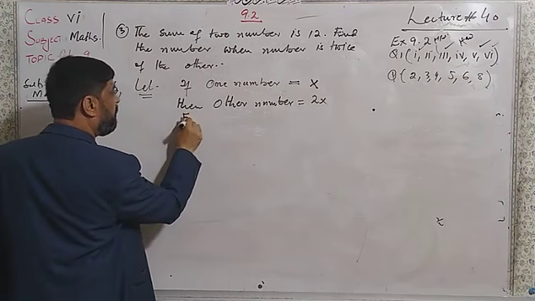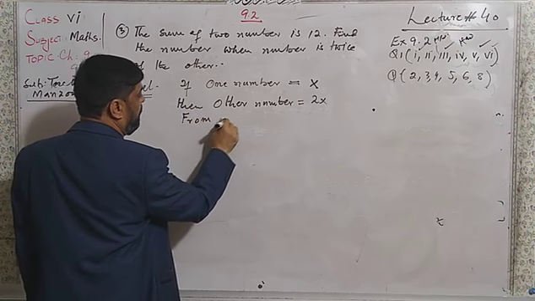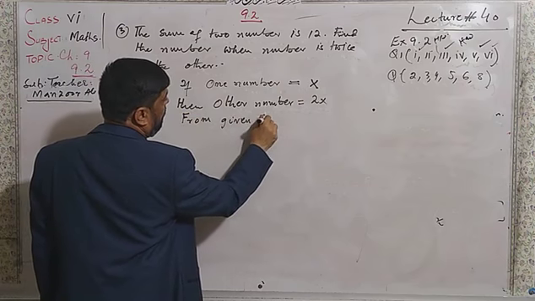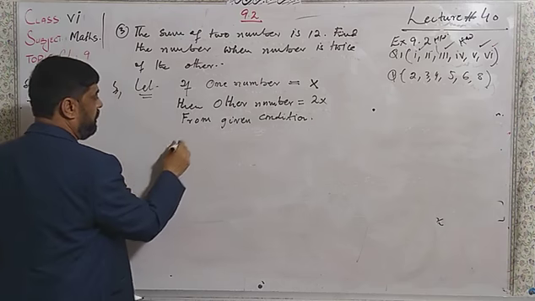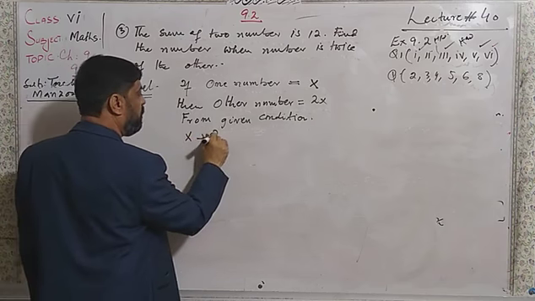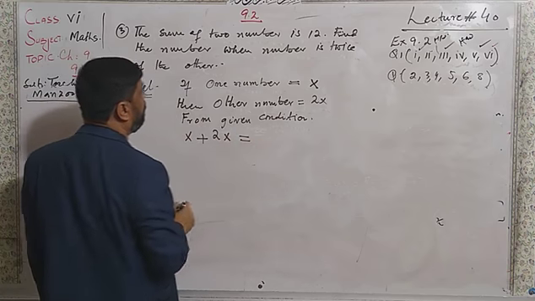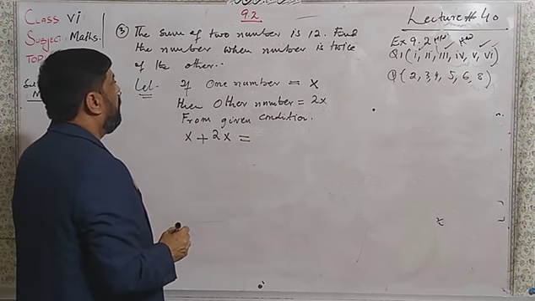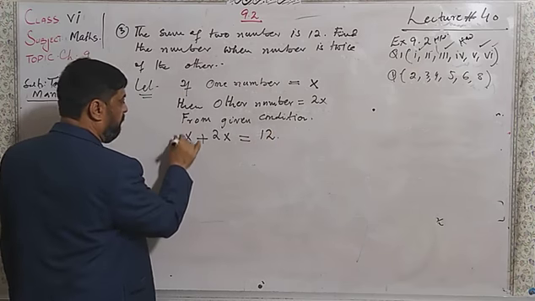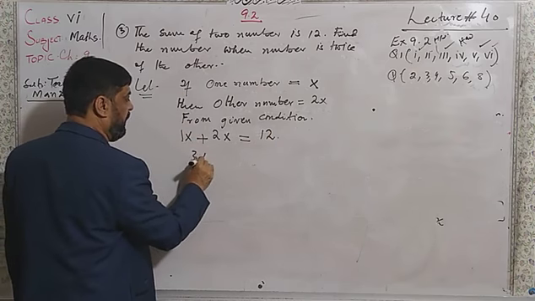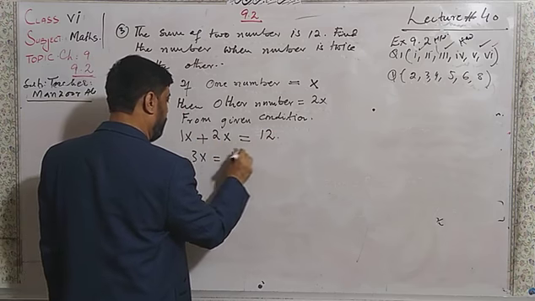Now from the given condition, x plus 2x is equal to 12. Now 1x plus 2x is 3x, and it is equal to 12.